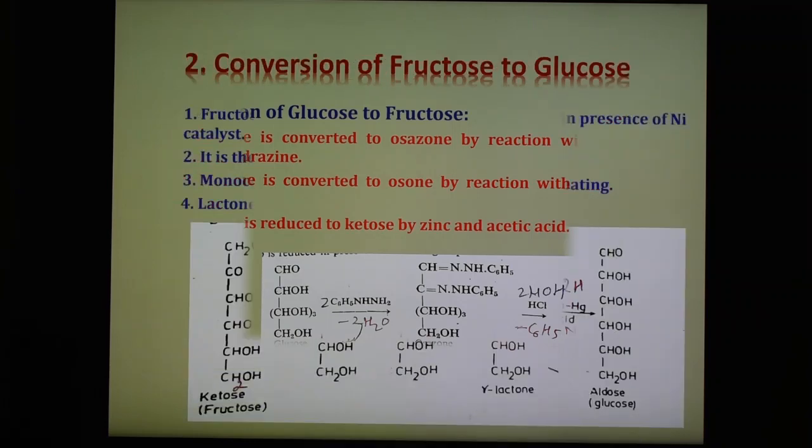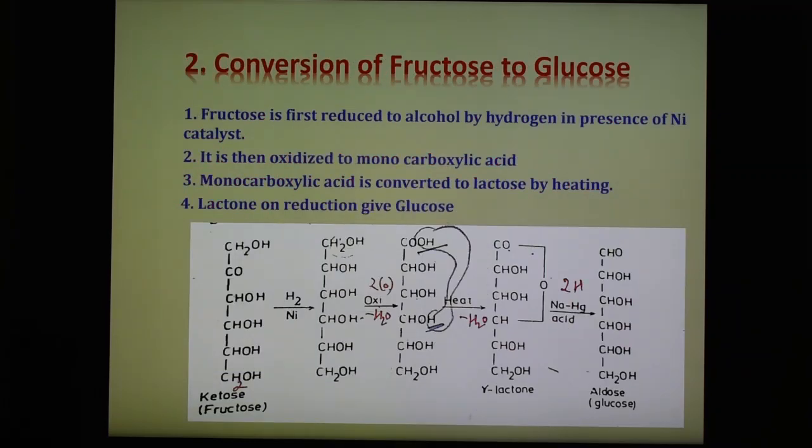The second important conversion is the opposite of that, fructose converted to glucose. In this case, as we know, ketose can be converted to aldose with the same number of carbon atoms, by 4 steps. In the first step, the keto group of fructose is reduced to alcohol by hydrogen in the presence of nickel as catalyst.